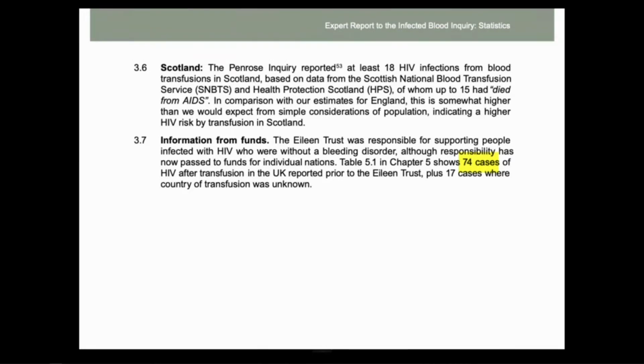That won't capture, of course, people who may have died by that stage, second half of the 1980s, or who may never have made an application to the department and been registered with the Eileen Trust, may not even have known that transfusion could have been the root of their infection. So again, that's a lower bound.